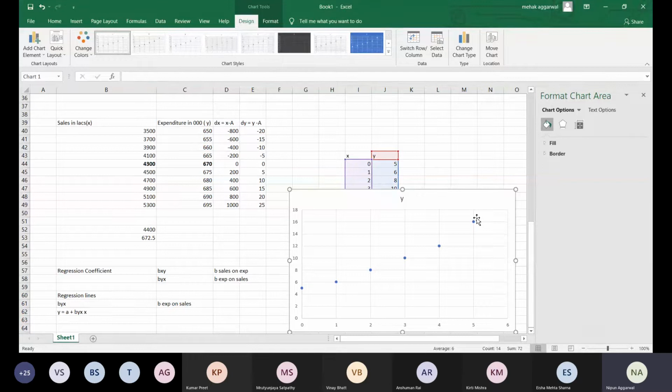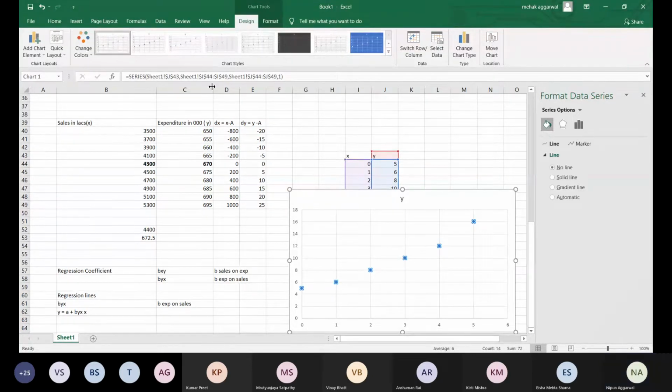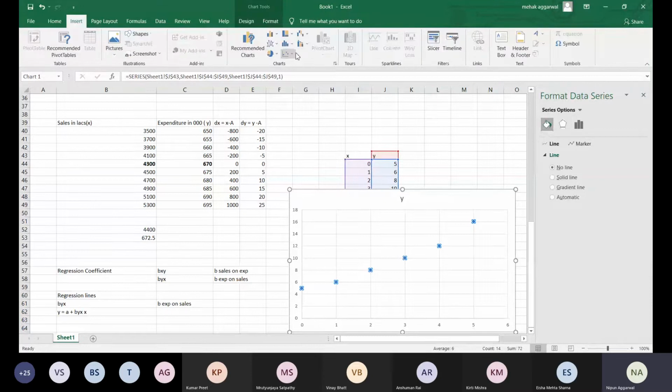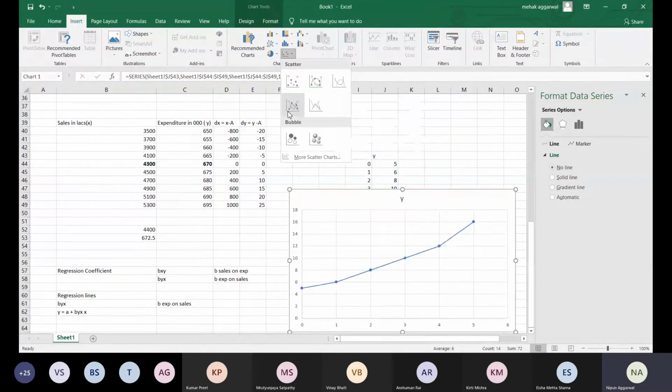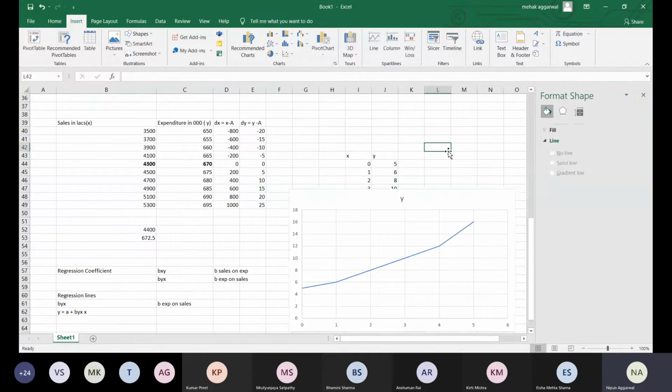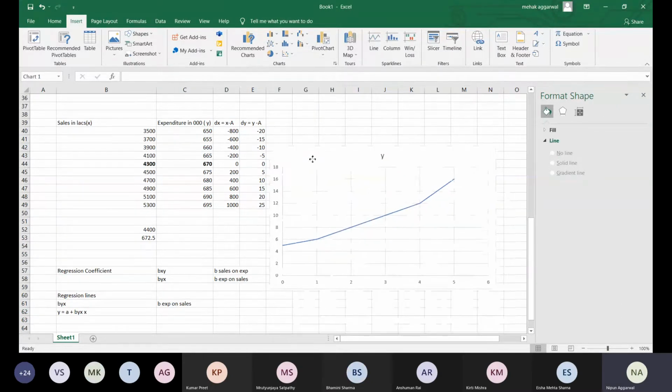So as we have plotted it, we have joined the lines also. So this becomes my scatter diagram.